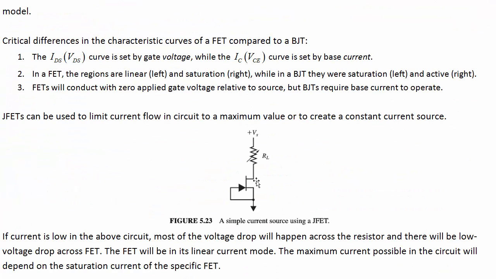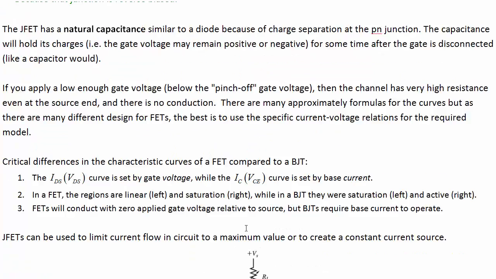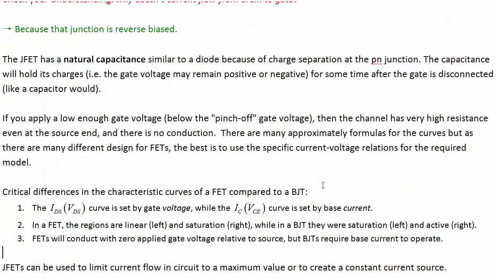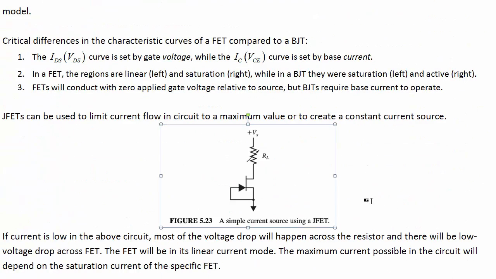JFETs can be used to limit current flow in a circuit to a maximum value or to create a constant current source because of the way the curves work here. This is a current source, so it's going to have mostly a fixed current going through here. Think about how this works. If we increase the resistance, normally the current would decrease.